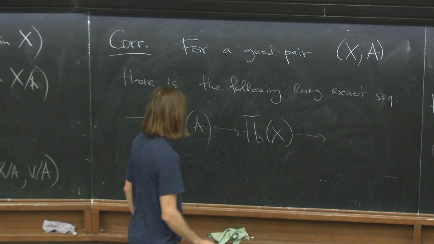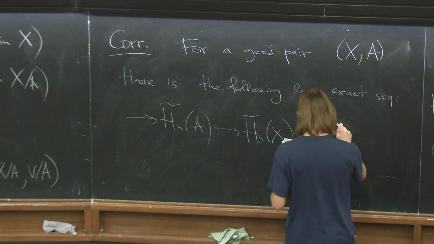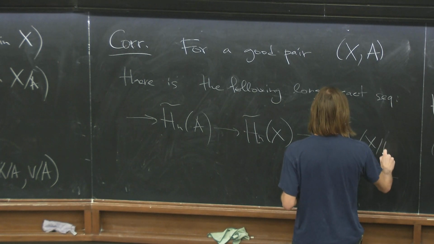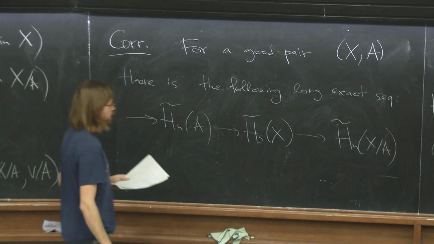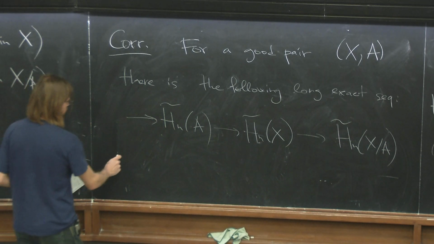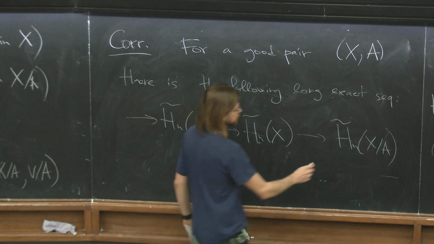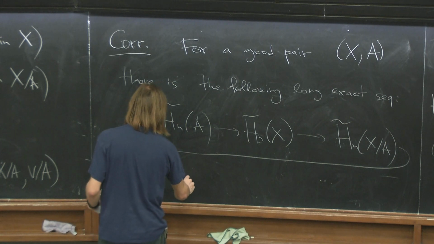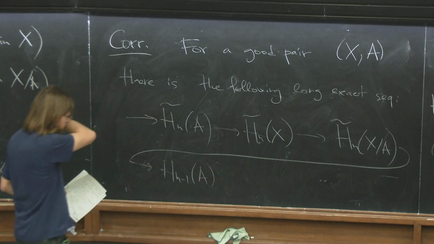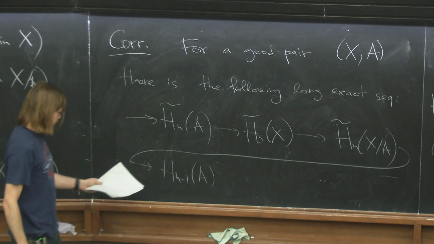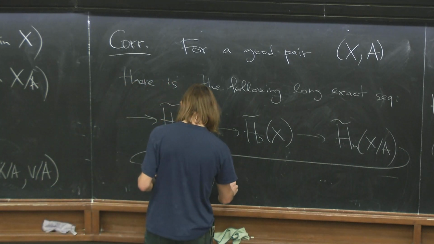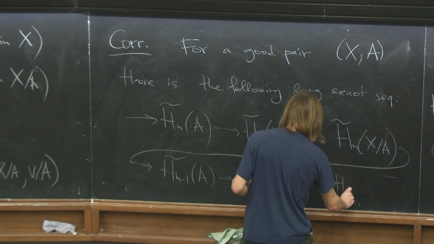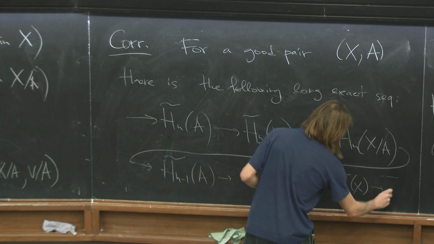We go first like this, and then you continue with the homology group with index n-1 till the end, and you finish at H tilde 0 of X, and then you go to 0.